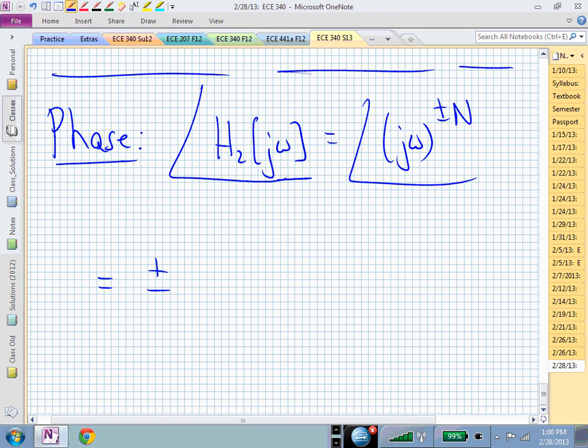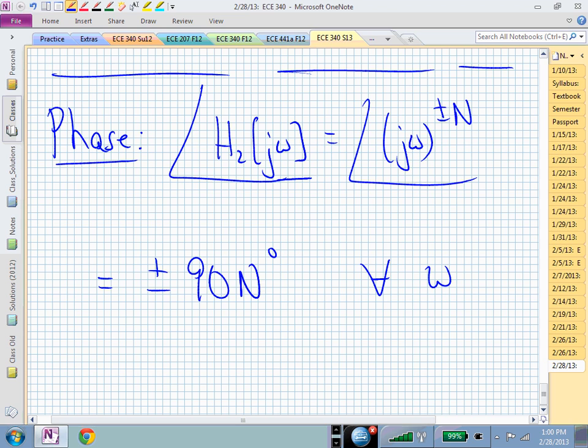well, I don't want to write the n just yet. What's the angle of j? Pi over 2, or 90 degrees. And we simply have plus or minus 90 times n, depending on what n is, whether it's a 0 or a pole factor. Meaning we now have plus or minus 90 n degrees, and that's a constant value for all frequencies omega.